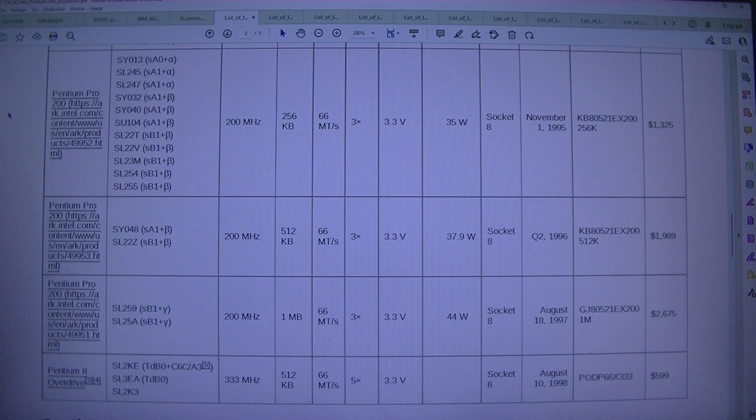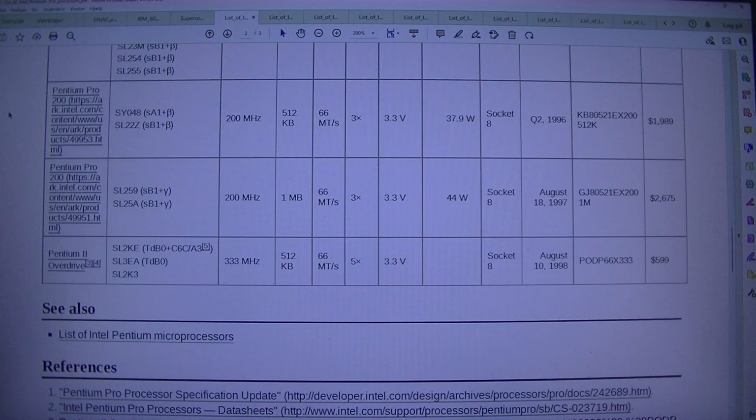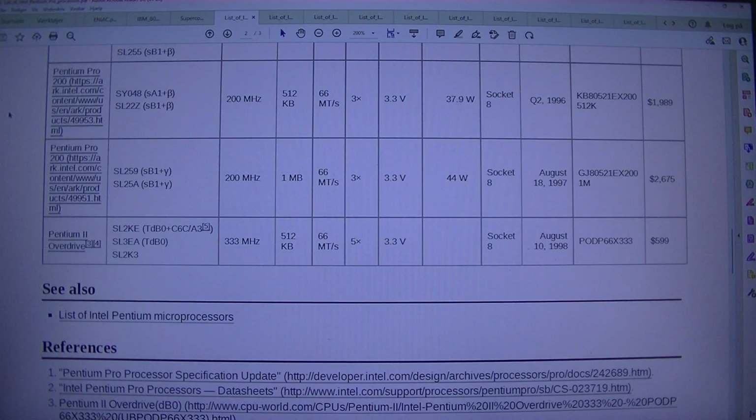$1,325. Pentium Pro 200: SY048, SA1 plus beta. SL22Z, SB1 plus beta. 200 MHz, 512 KB, 66 MHz bus, multiplier 3, 3.3 V, 37.9 W, socket 8. Q2 1996. 80521KX200512K. $1,989.